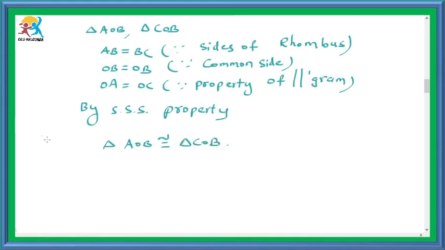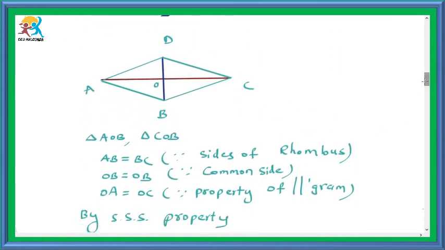If two triangles are congruent, then we can write that the corresponding parts are equal. What are the corresponding parts in these two triangles?